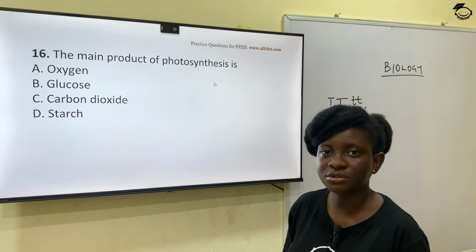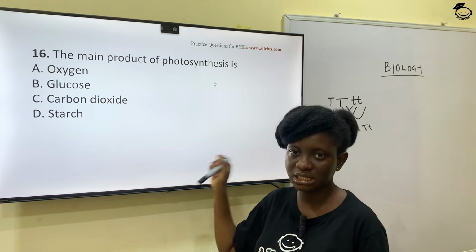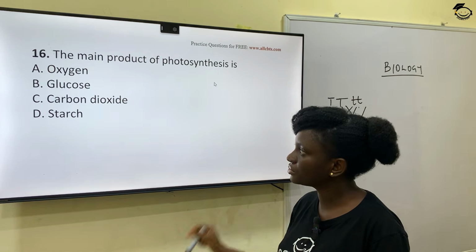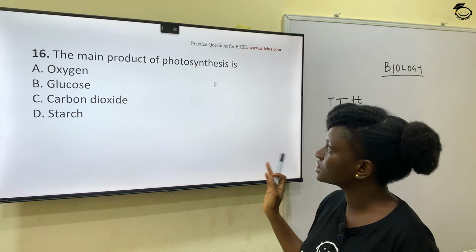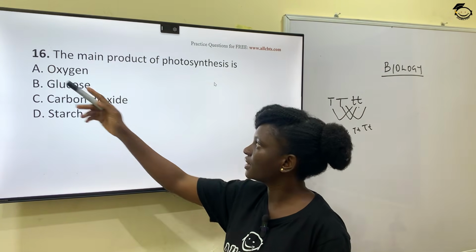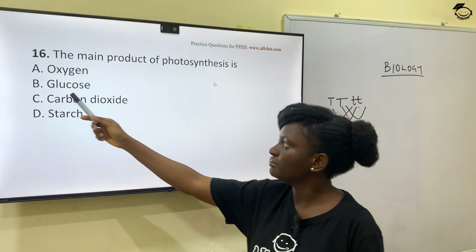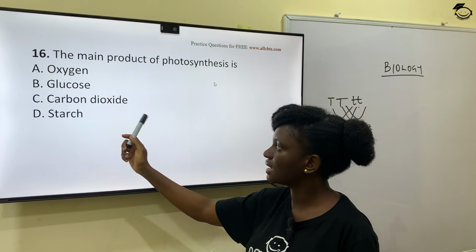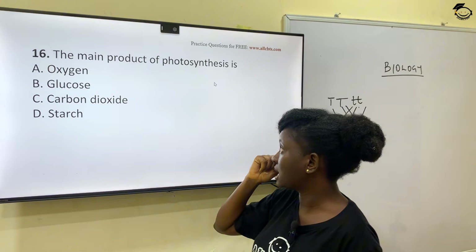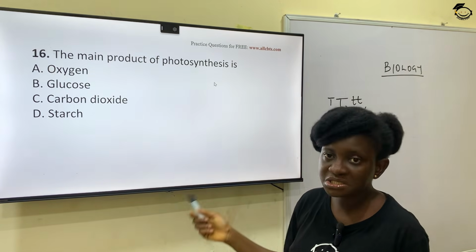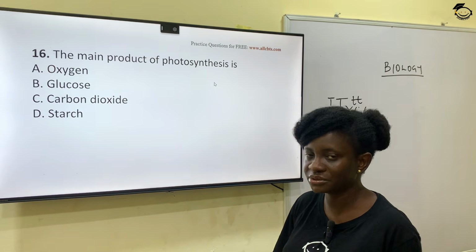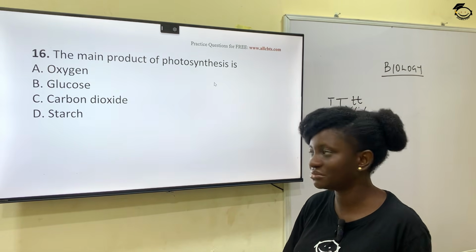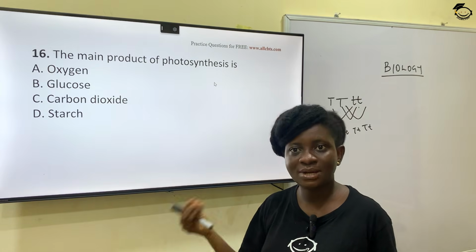Question 16. What is the main product of photosynthesis? We have A, oxygen, B, glucose, C, carbon dioxide, D, starch. Oxygen is just a byproduct, it's not the main product.